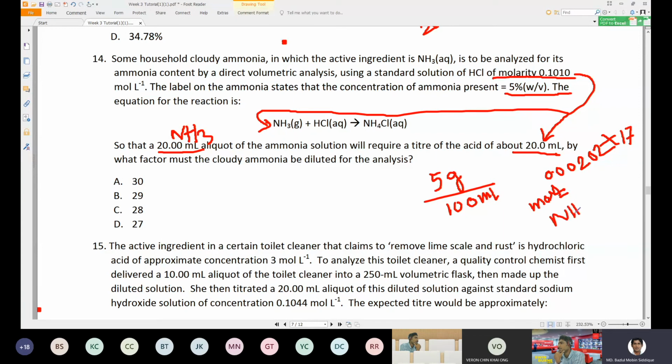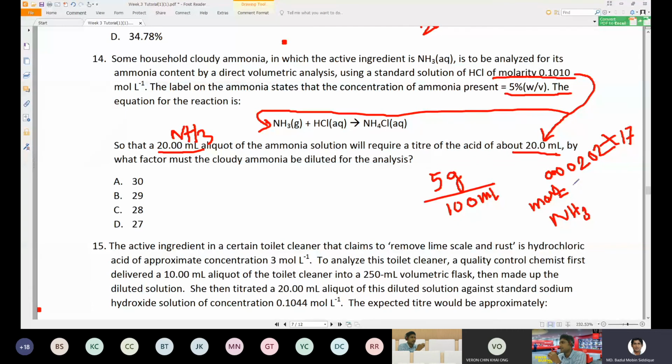If we find the number of moles, and I am repeating this many times, I hope you are used to it, right? That number of moles, if we find it, just multiply with the molar mass, and then we find the mass.